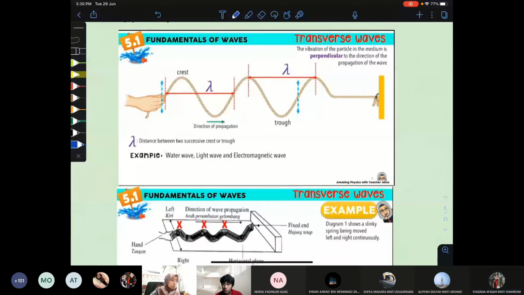Transverse wave, tadi kita dah mention, kita dah bincang. The particle vibrates at its position, but it vibrates perpendicularly. And how is that different from a longitudinal wave?